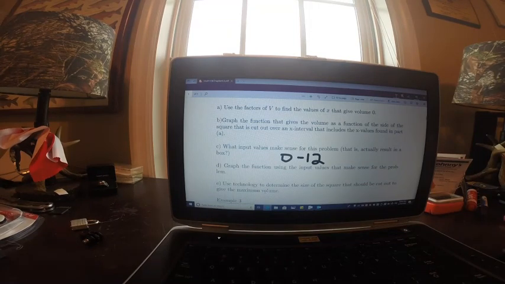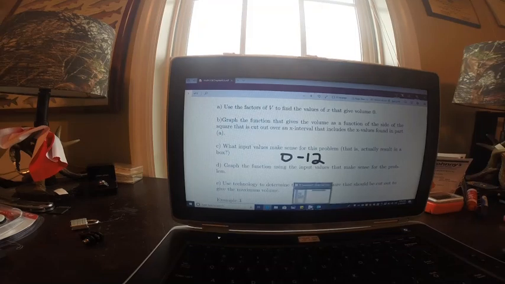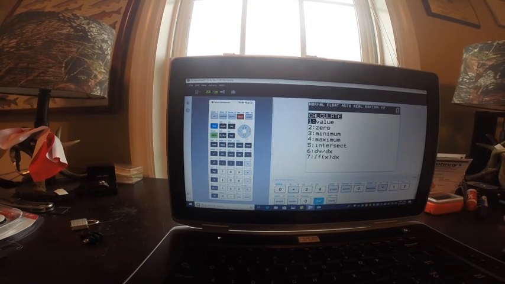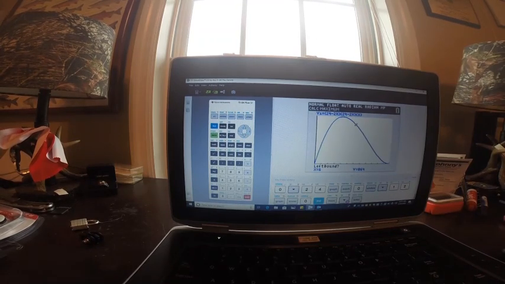E says use technology to determine the size of the square that should be cut out to give the maximum volume. So if I come over here to get the maximum volume, I should be able to do second calc, and then maximum and just find the maximum. I'm going to go left, hit enter.